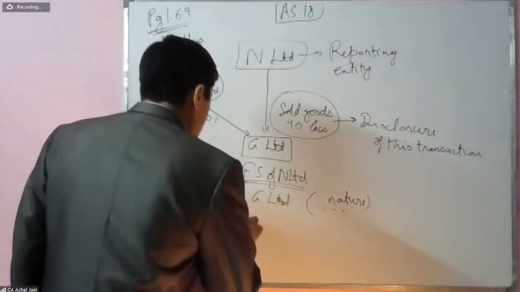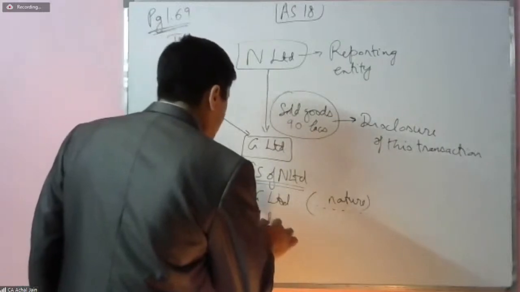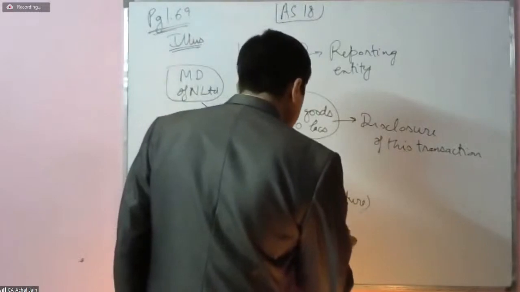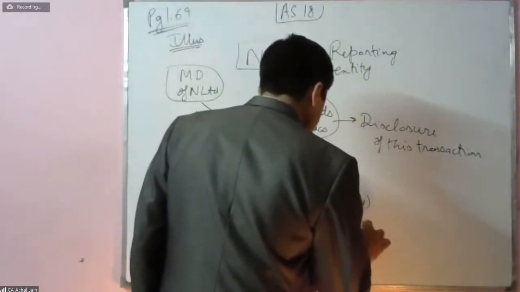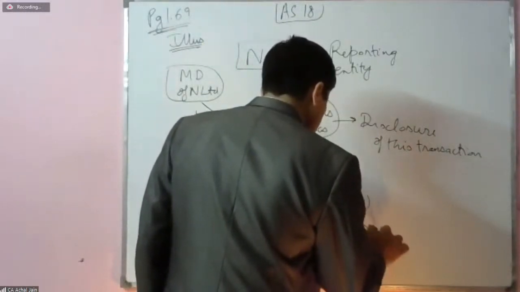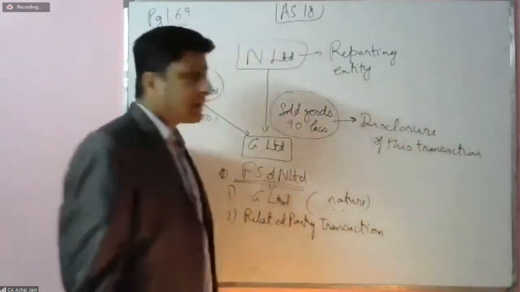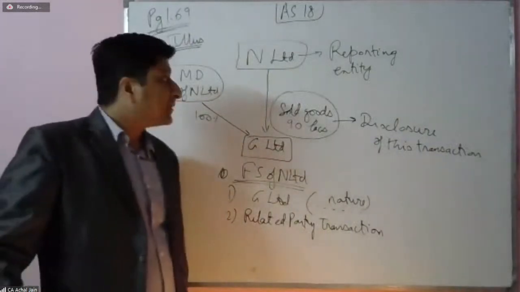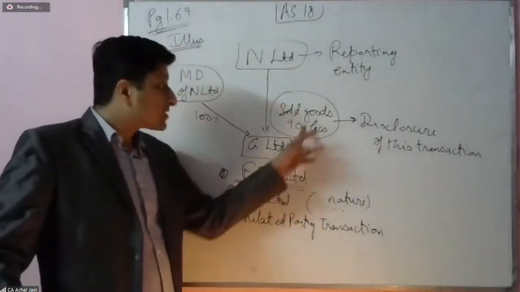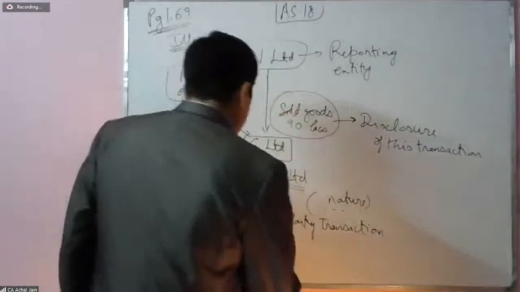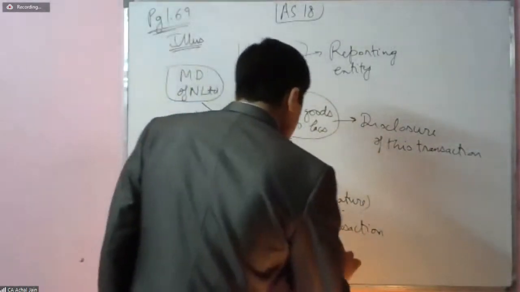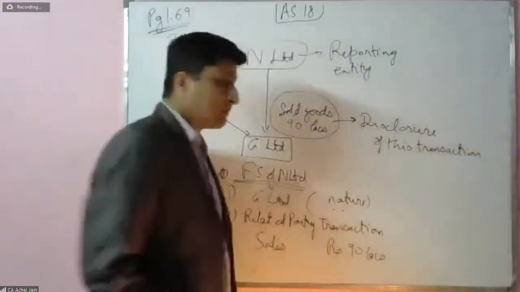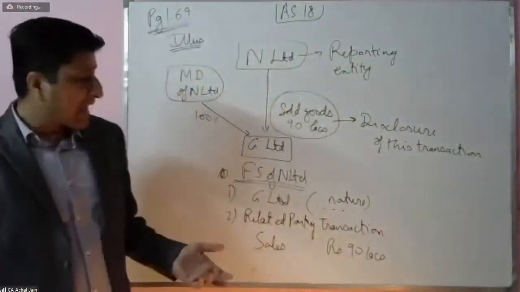Then, number 2 will be the related party transaction. The related party transaction will be the sales, sales rupees 90 lakhs. We are not aware of the balance.